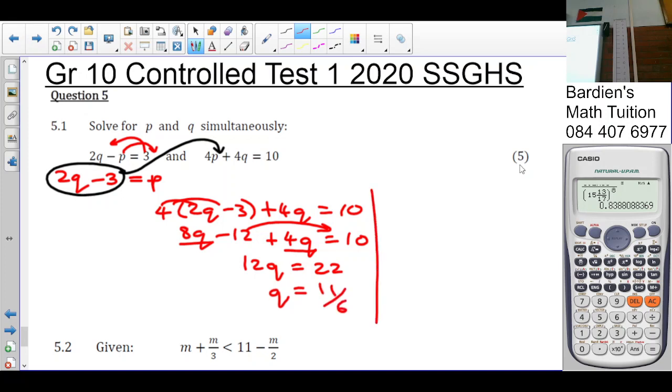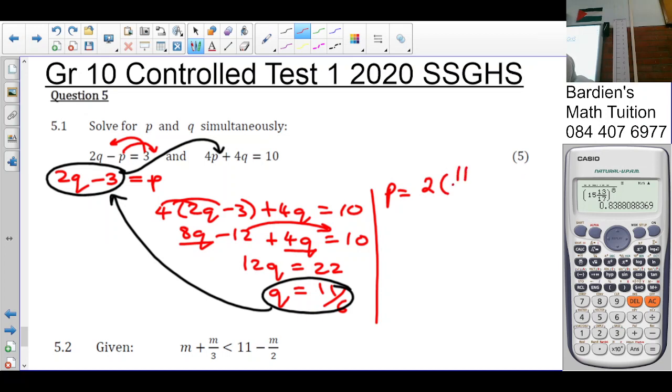You all agree with that? So once that is sorted, we substitute q back into there to get the value of p. But we'll do more of this after the exams. So it's 2 into 11 over 6 minus 3. Okay? So that's going to give you 11 over 3 minus 3, which is 11 over 3 minus 9 over 3.